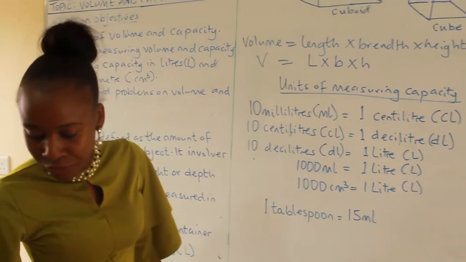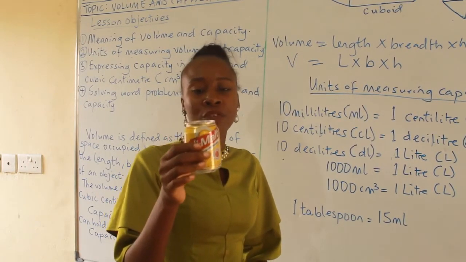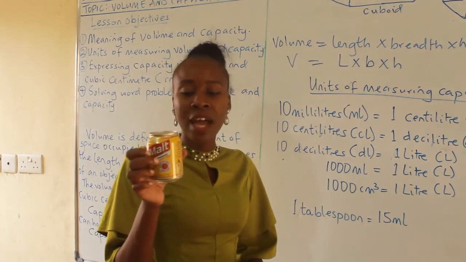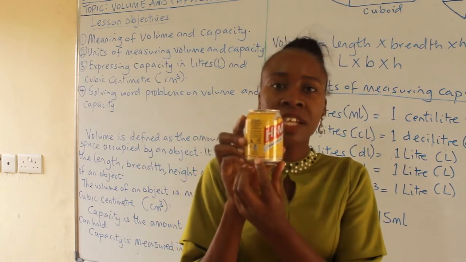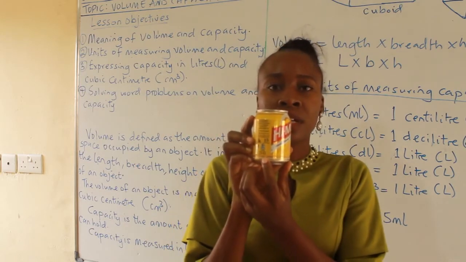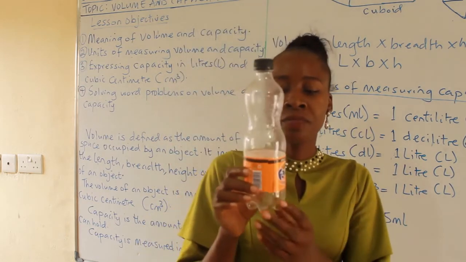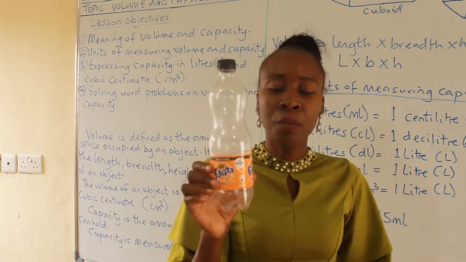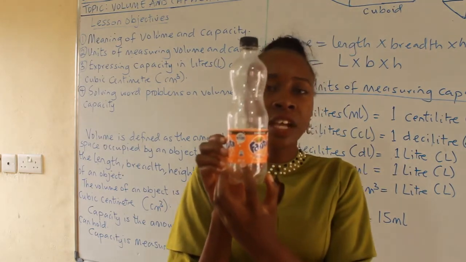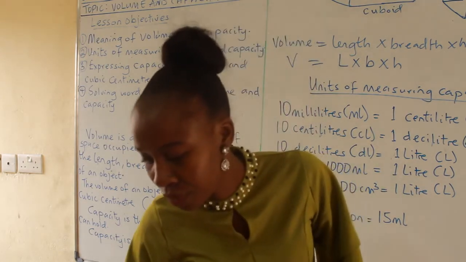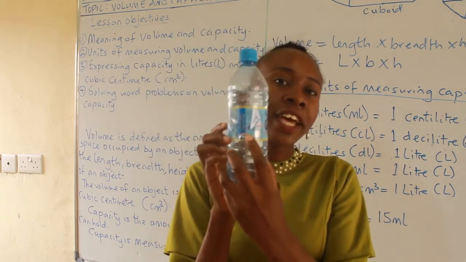For example, now I have this can of high malt. The capacity of this high malt is 25 cl. This empty bottle of Fanta has a capacity of 60 cl.